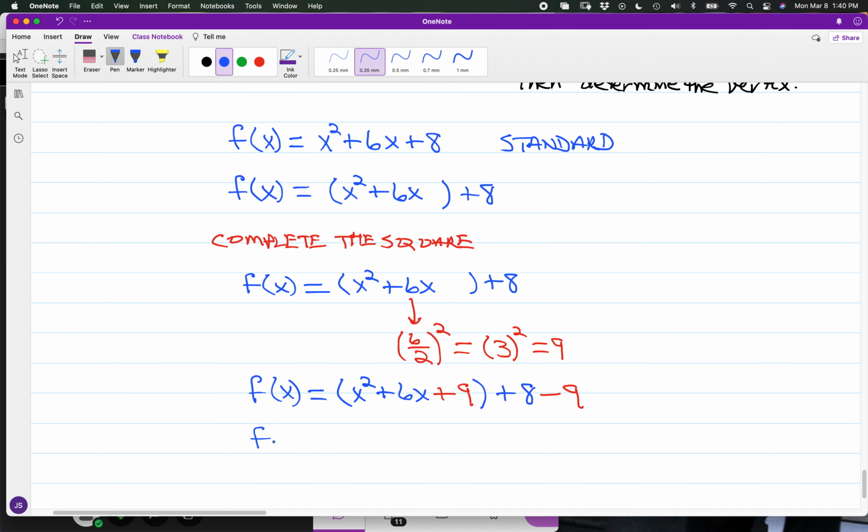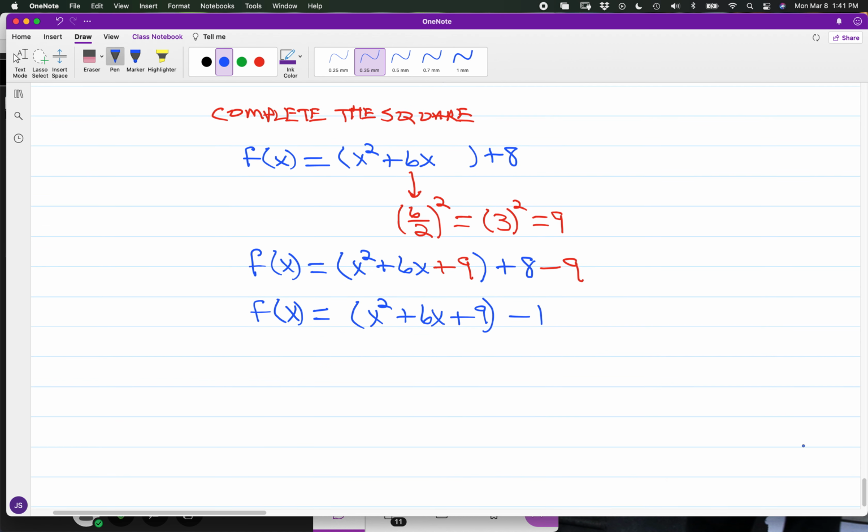So now I have f of x is equal to x squared plus 6x plus 9, and 8 minus 9 becomes negative 1. I'm getting closer to the vertex form.